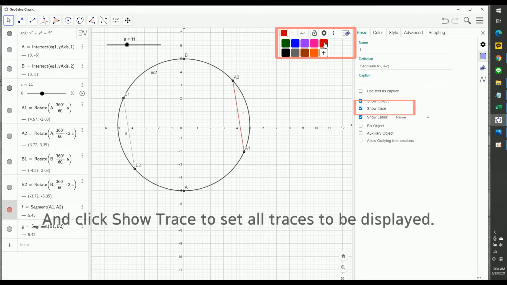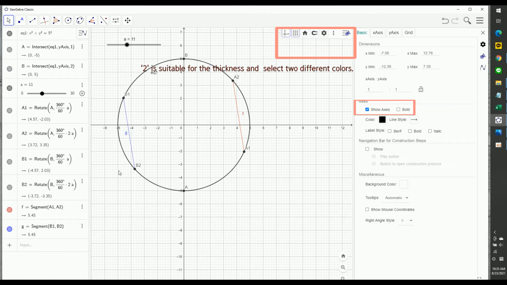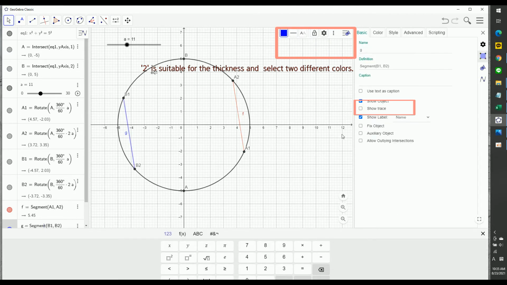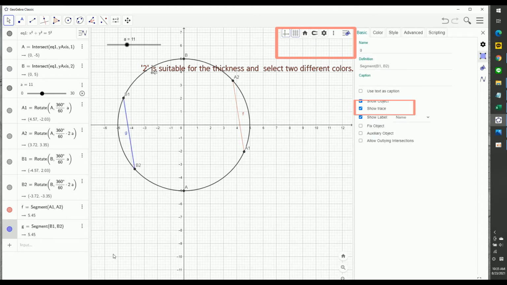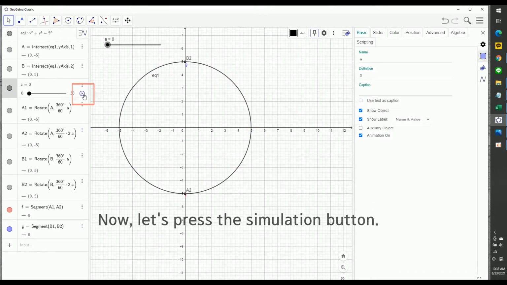And click Show Trace to set all traces to be displayed. Now, let's press the simulation button.